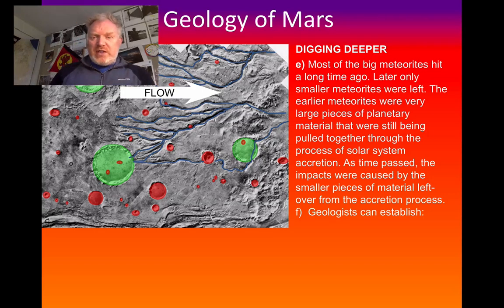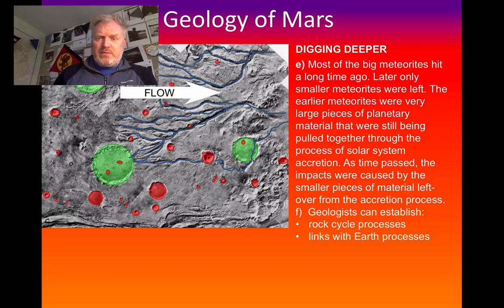And finally, what this all tells us, well, it allows us to establish a few things about the geology of Mars. We can work out the rock cycle processes. We can make links then with Earth processes using this idea of uniformitarianism. We can work out, as you've just done, the geological history of the Martian surface.